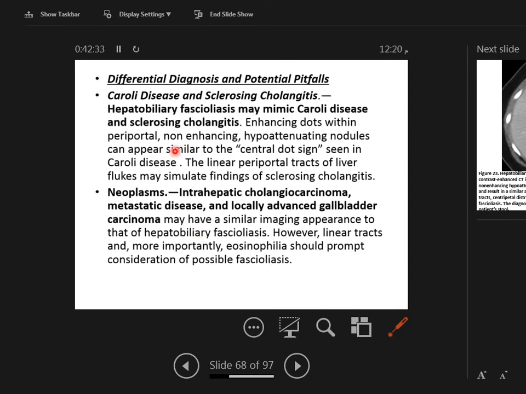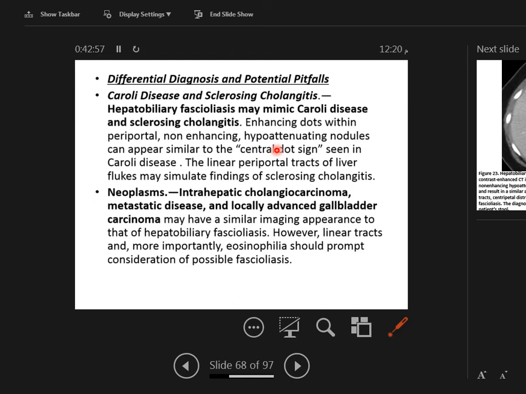Differential diagnosis for it is Caroli disease and sclerosing cholangitis. We can see an enhancing dot within periportal, non-enhancing hypoattenuating nodule that can appear similar to the central dot sign seen in Caroli's disease.